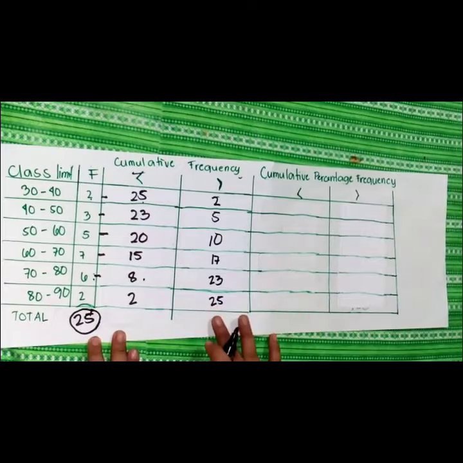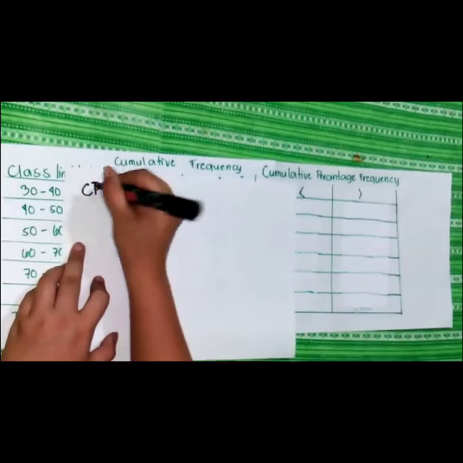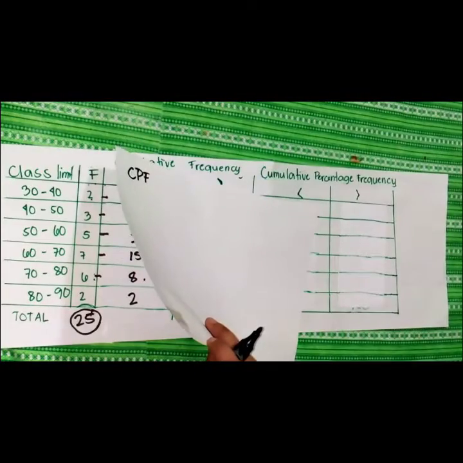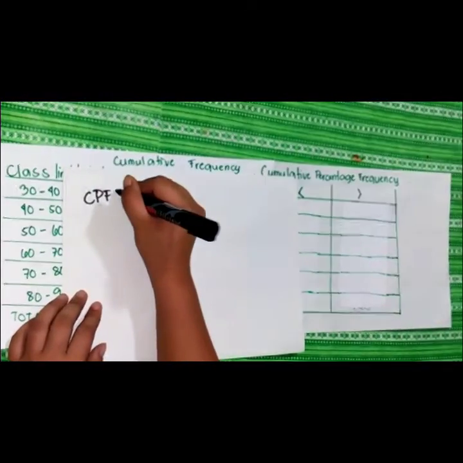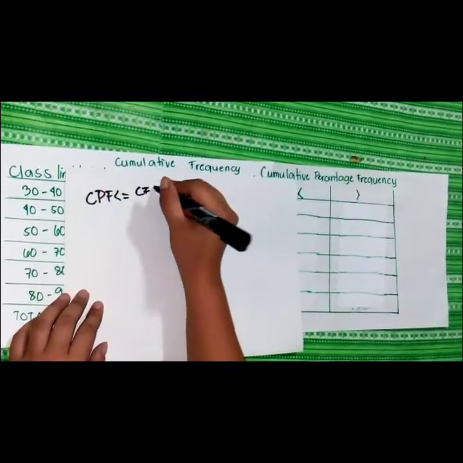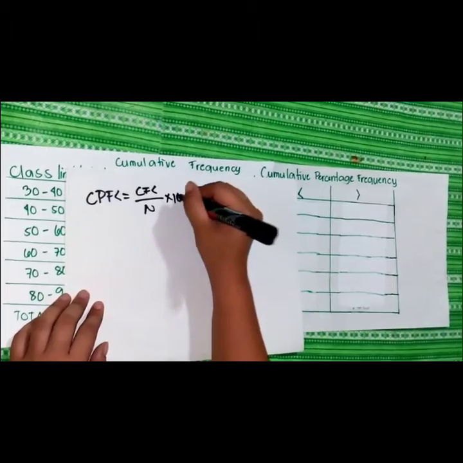So now we will find how to compute the cumulative percentage frequency lesser than. But before that, we have a formula. Our formula is CPF lesser than equals CF lesser than over the number of cases times 100.